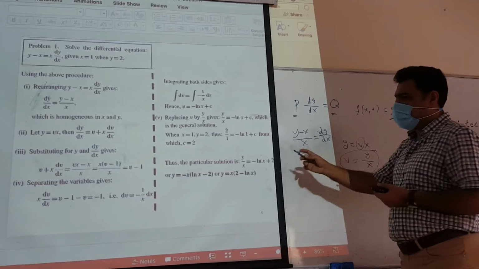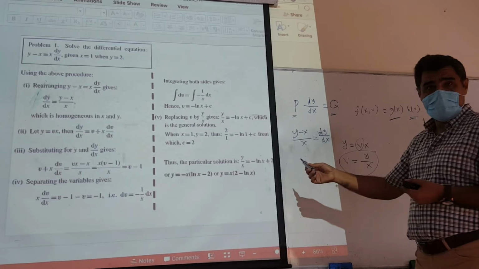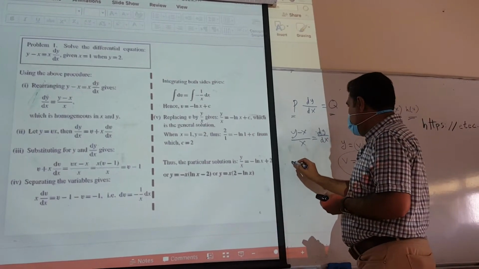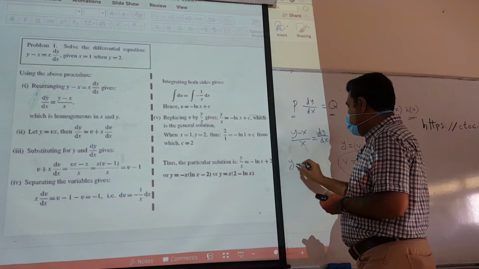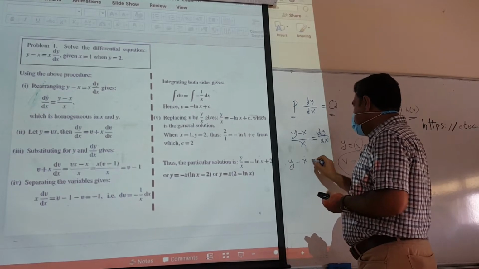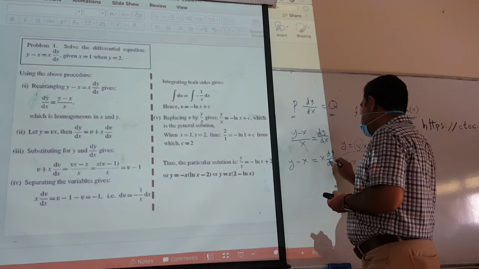Okay. Who can solve that in this case? Just separating, you will have y minus x dy over dx.